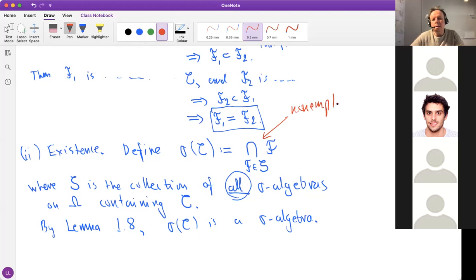We are indexing the intersection by a non-empty collection because the power set on omega is one of the members of S. This is a sigma algebra, and because it's the power set, it contains C trivially. So that's why this strange intersection makes sense, and it even is a sigma algebra, as we noted here.